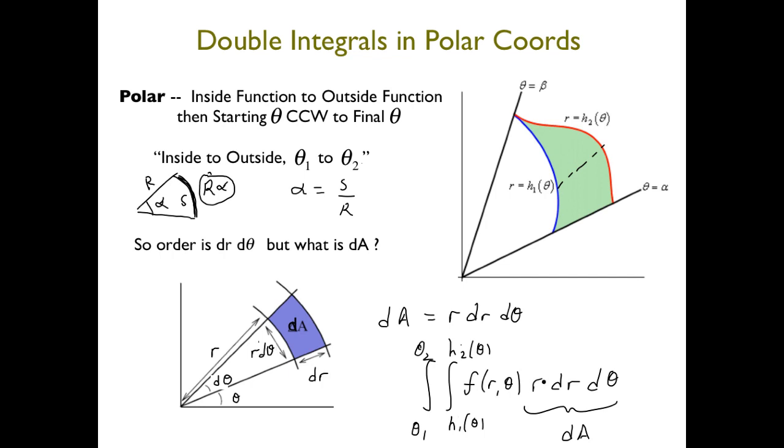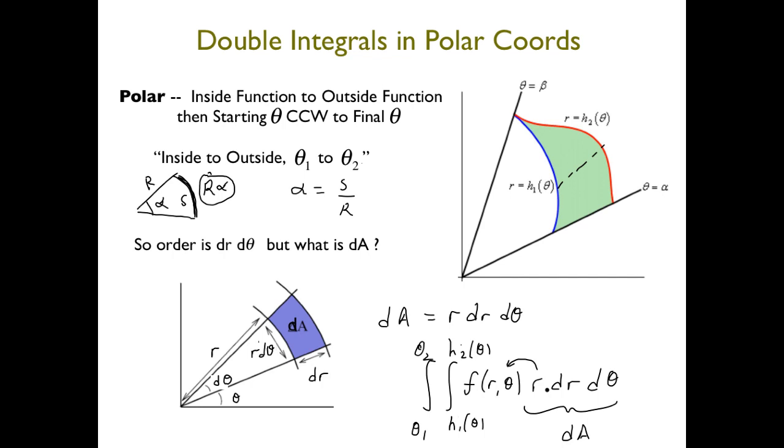an r. So what happens to the r in these problems? R came to the table with dA, but then what's going to happen to it? It's going to be integrated. It's going to link up and multiply with our function. So the reason we have it is because of dA. But when we actually do antiderivatives and integrate this, that r is going to join up with the function and multiply by the function.